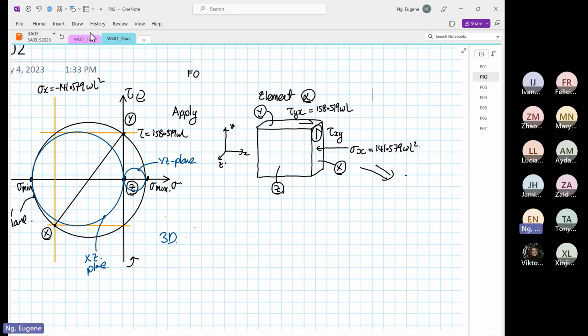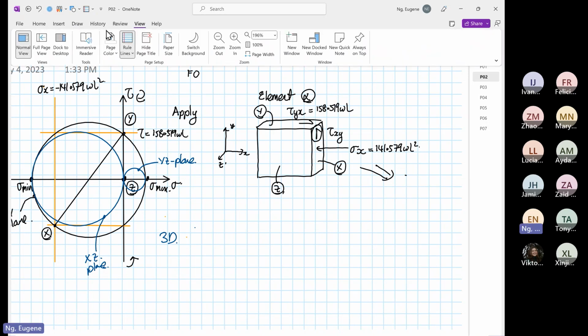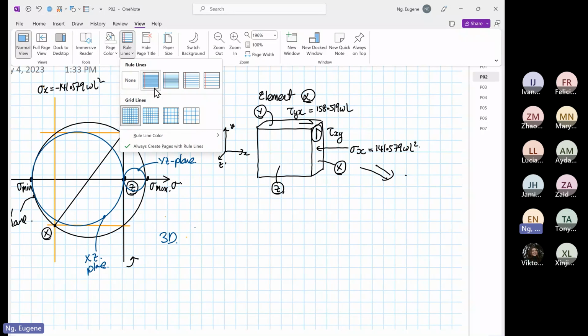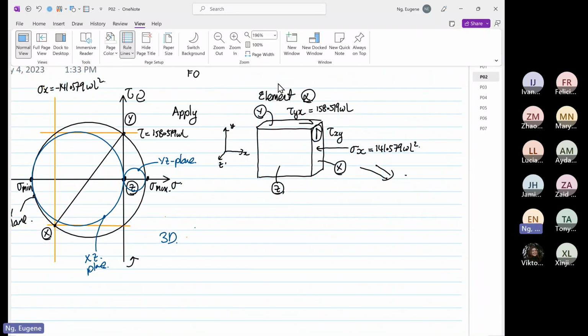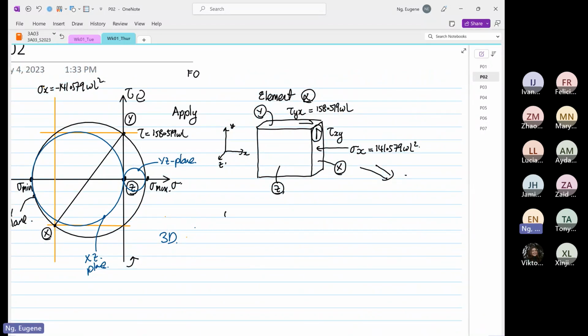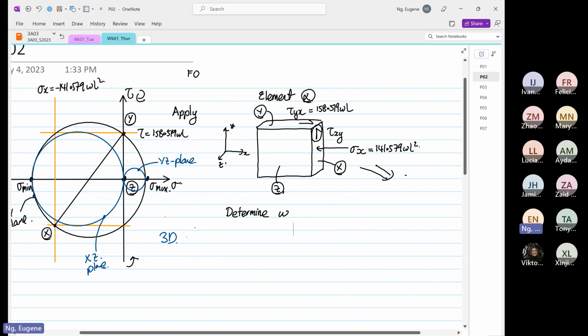First of all, we have to determine omega such that two conditions have to be satisfied.